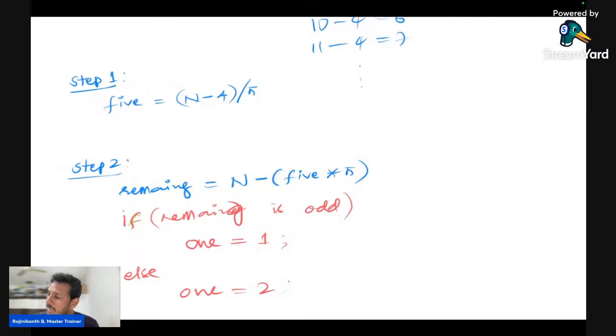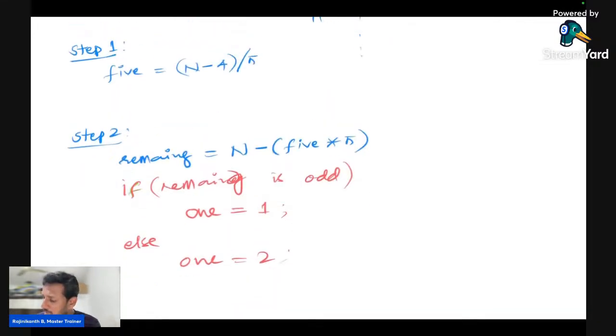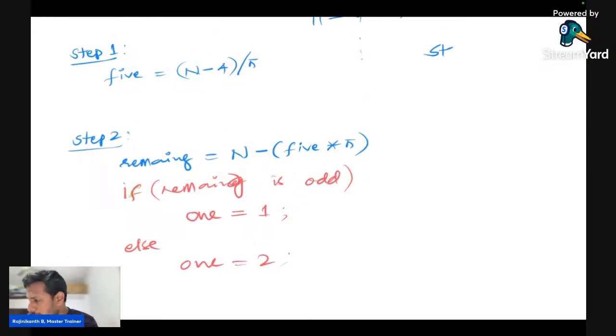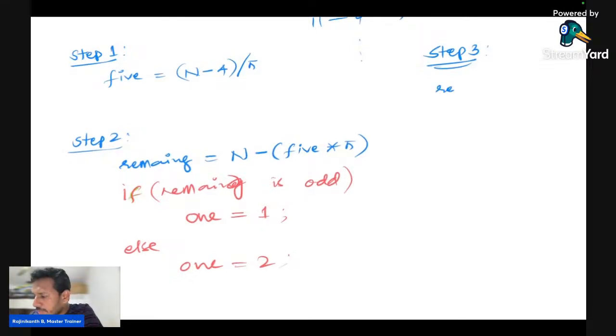Then step 3: count how many 2 rupee coins we need. For getting 2 rupee coins, first check the remaining. So how do I get the remaining?